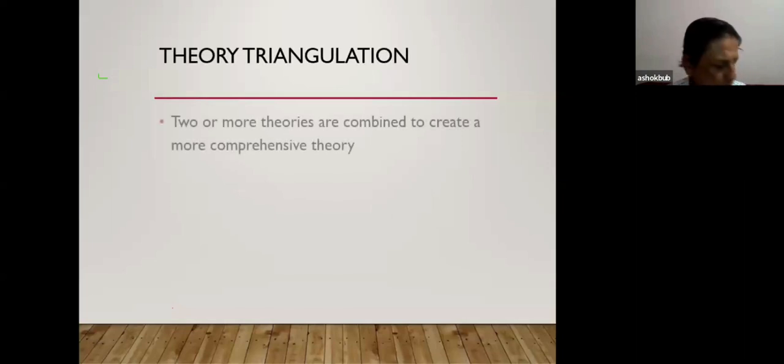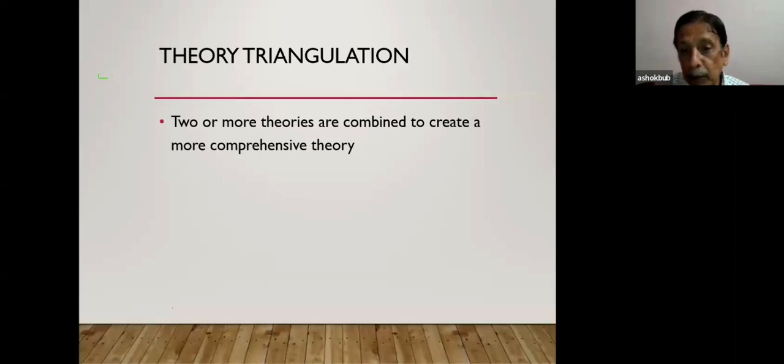Then you have what is called theory triangulation. As the name itself says, two or more theories are combined to create a more comprehensive theory. As an example, if I am to study the impact of poverty on a society or a community, and the purpose is to arrive at a policy to overcome the poverty of that society or community, maybe a political theory and a sociological theory may become more important.